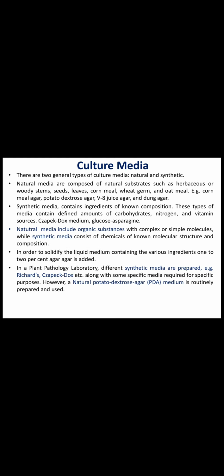There are generally two types of culture media, that is natural and second is the synthetic. The natural media are composed of natural substances or natural substrates such as herbaceous or woody stem, seeds, leaves, corn meal, wheat germ, etc. Examples of the natural media are potato dextrose agar media and corn meal agar.